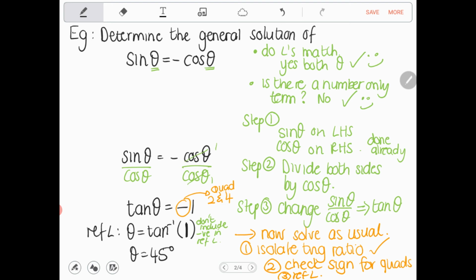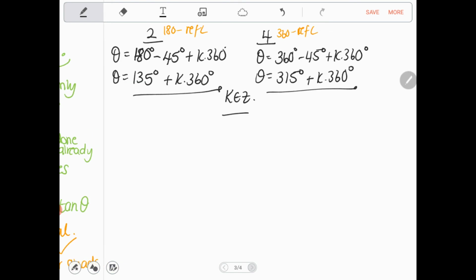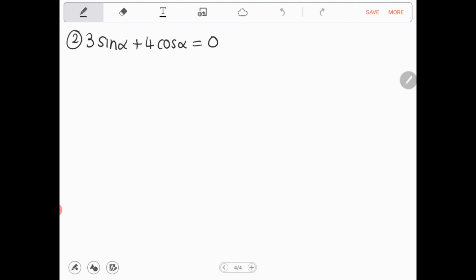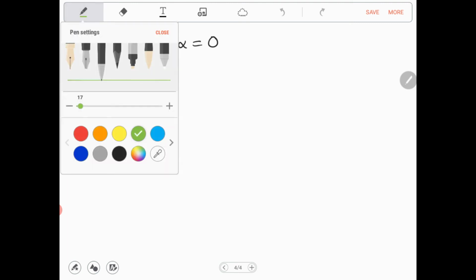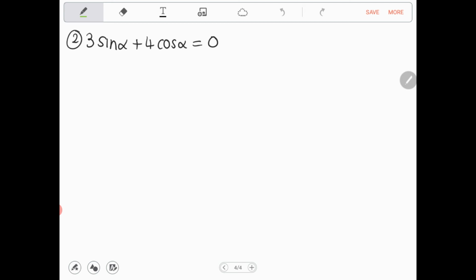constant floating around. Okay, so let's look at another one, number 2. All right, so let's check it. Do we have sine and cos with matching angles? And they both have an alpha.